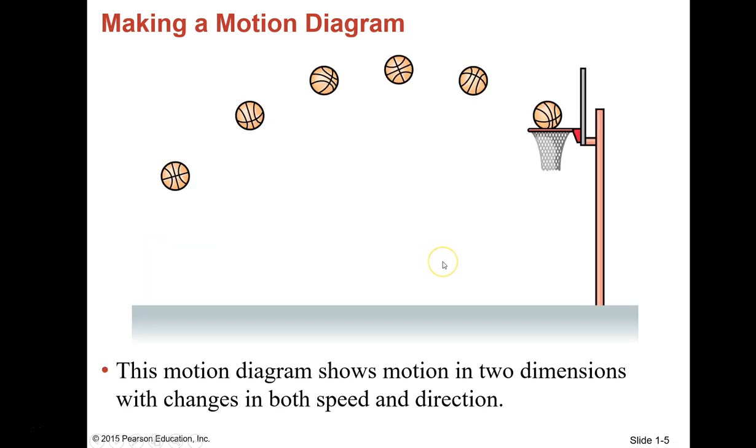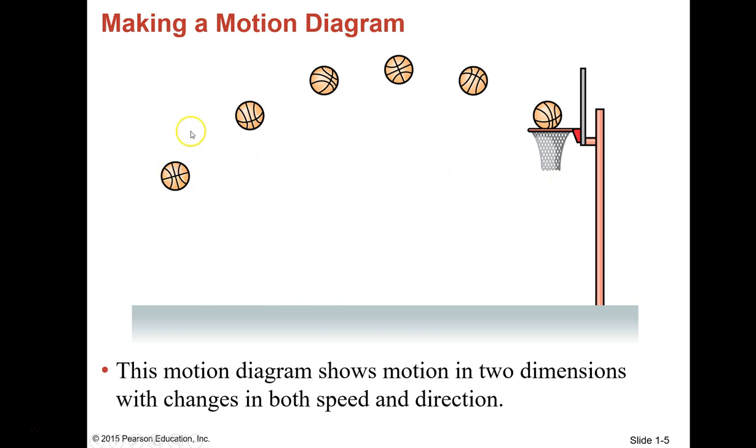Now this we have to look at. If you shoot a basketball, you have to look at it moving in two dimensions, not only to the right, but up and down as well, so you look at two different directions of motion. If you look to the right, the distance between each ball going to the right is almost the same, so the motion to the right is pretty equal.